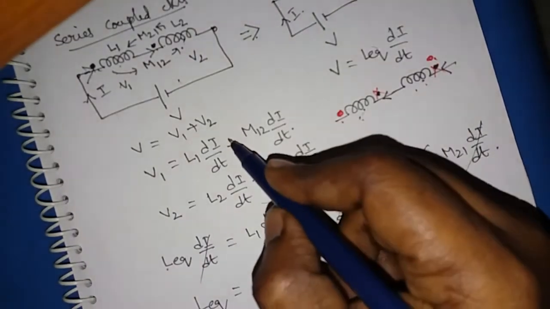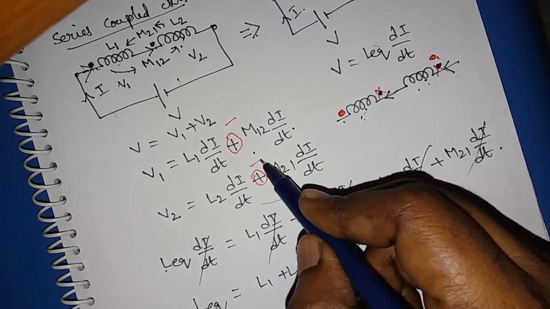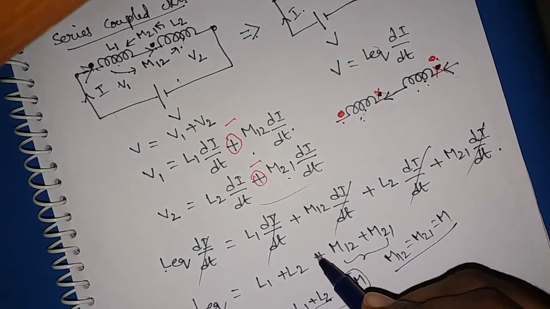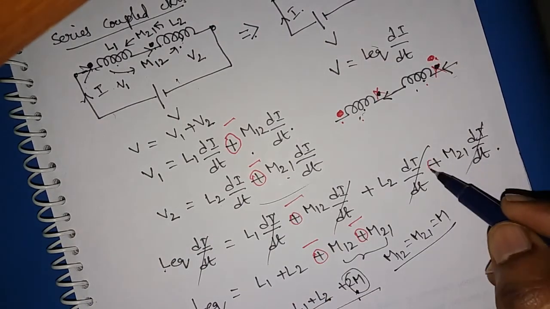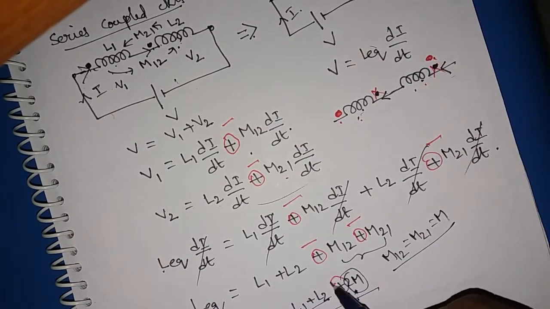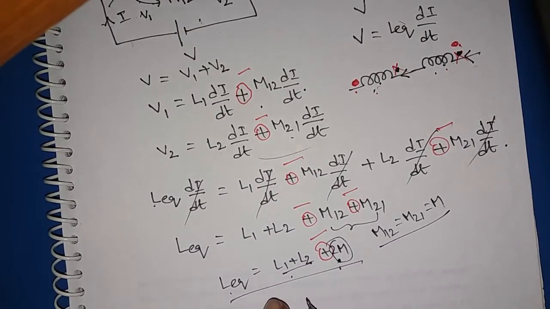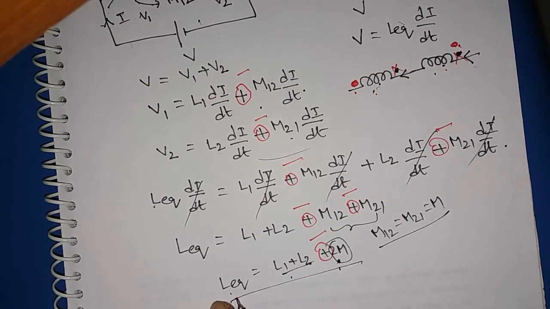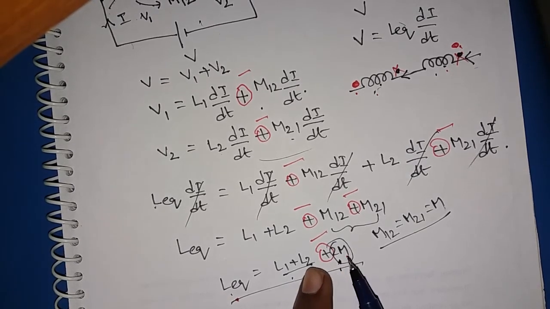This is negative and this is also negative, so totally this will be minus. Negative means the net inductance has twice the mutual inductance subtracted from the self inductance.